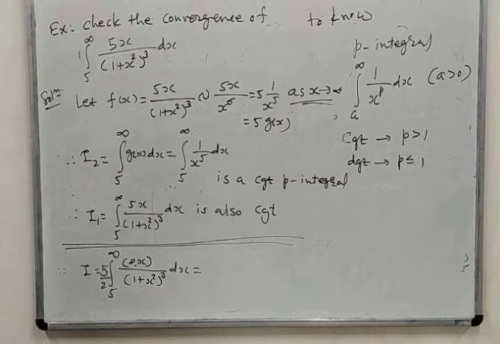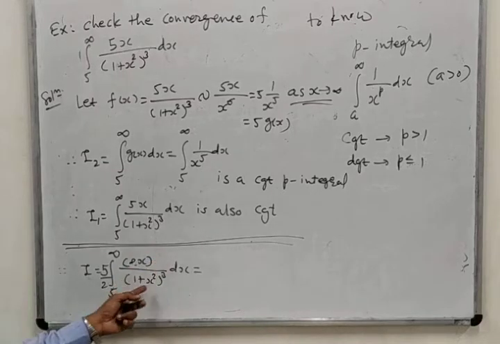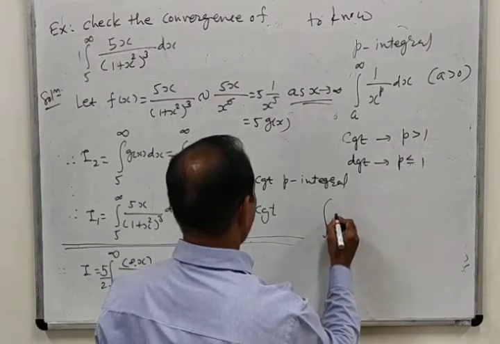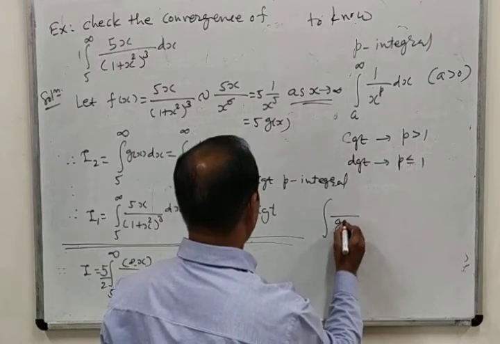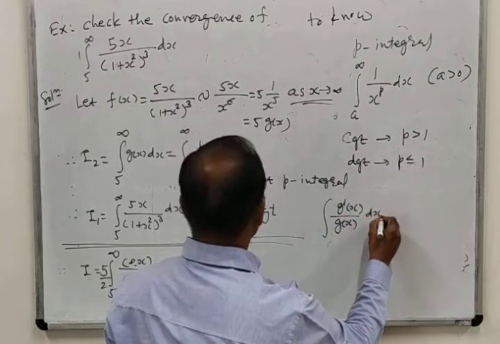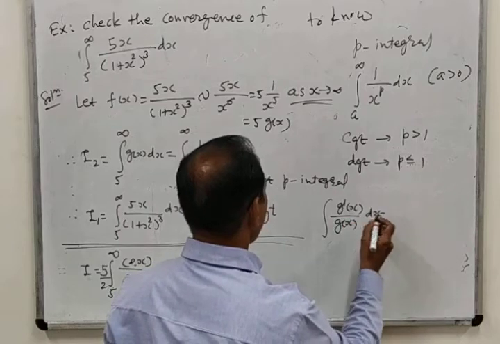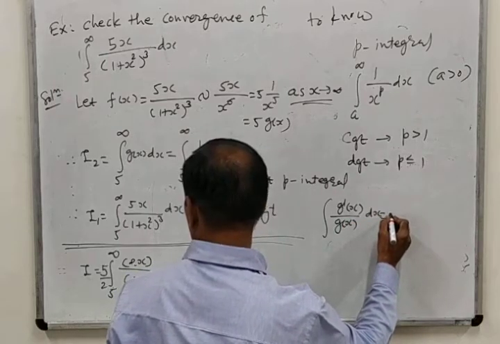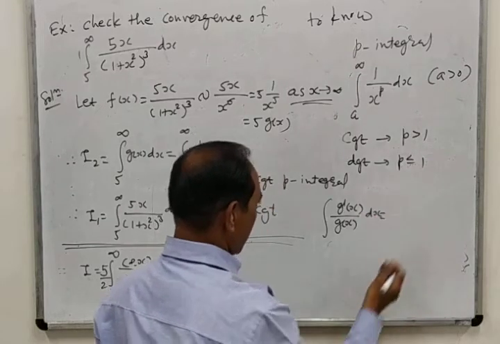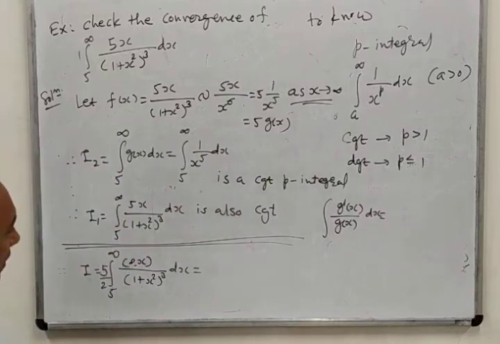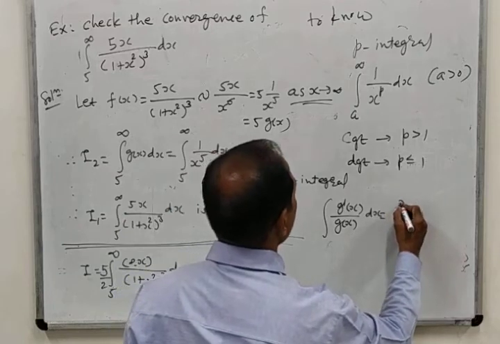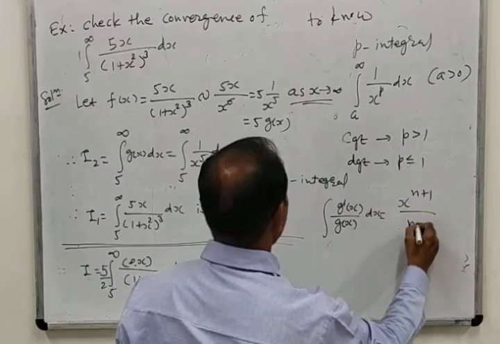You must be knowing that if in integration 1 upon g of x is there, and the derivative of g of x is multiplied with it, then its integration is log of g of x. Otherwise, if it is in the x raised to n form, then we use x raised to n plus 1 divided by n plus 1.